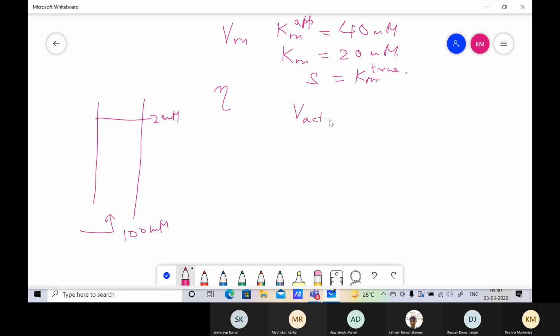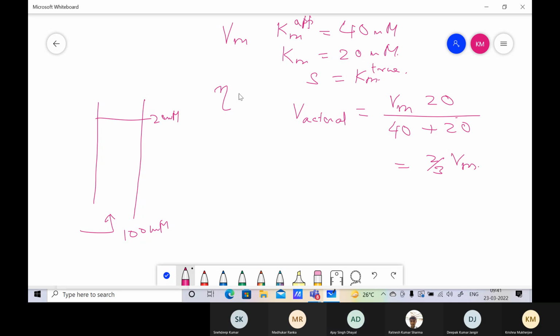V actual is Vmax S upon Km plus S. Now S is 20 millimolar, Km is your Km apparent, 40, plus S, 20. So what is the V actual? 2 by 3 Vmax, correct? Is this all right? Yes, sir.